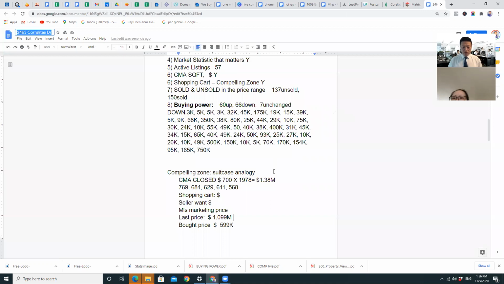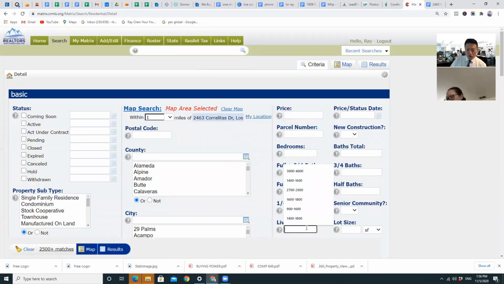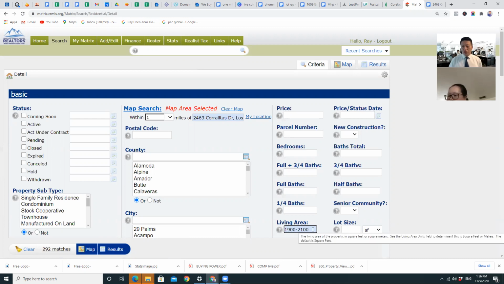For a 1978 square foot home, you don't want it to be much smaller. A little bit bigger is okay. Usually I just take off the last two digits, so 1900 to 2000, usually that's good, because the smaller the square foot, the higher the price per square foot will be.